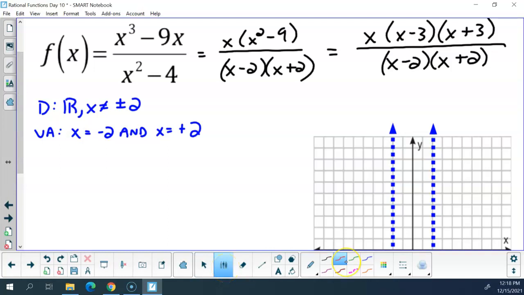Degree on the top: 3. Degree on the bottom: 2. Small is on the bottom, big is on top. That means none for our horizontal asymptote. Y-intercept.